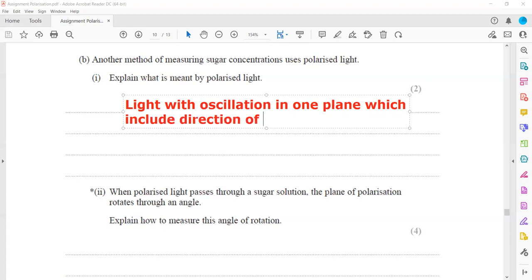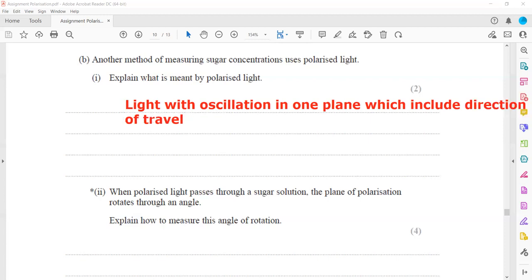So if you use the term plane, then you have to mention that it is in the same plane as the direction of travel. But you can also use the term: light in which the oscillation is in one direction, and that direction is perpendicular to the direction of the wave.